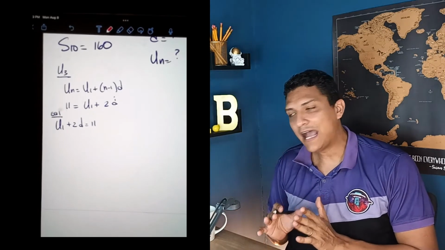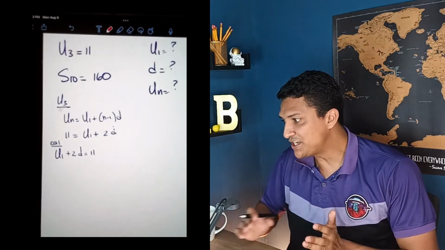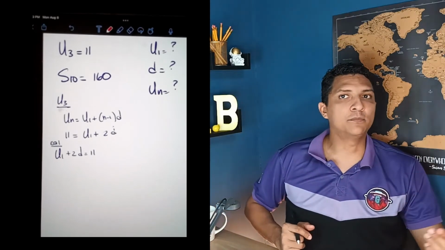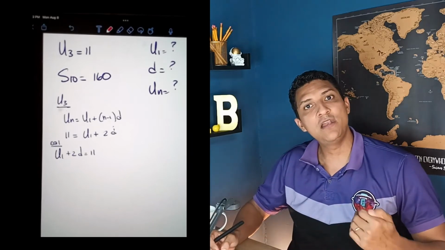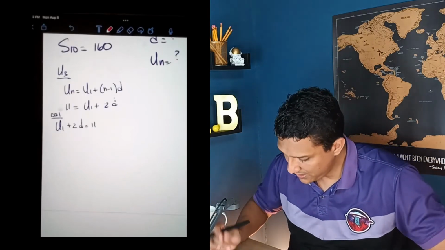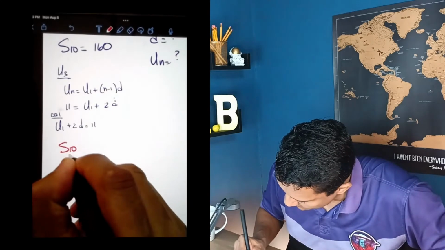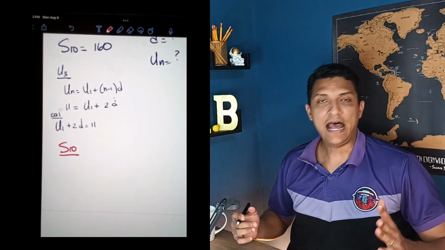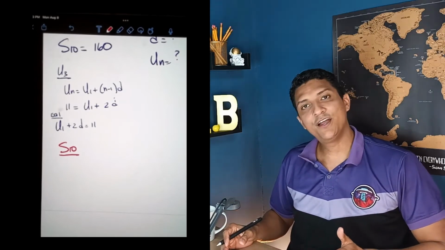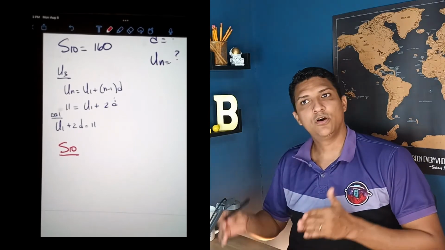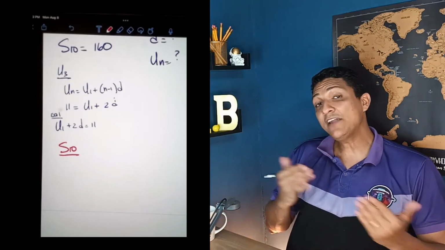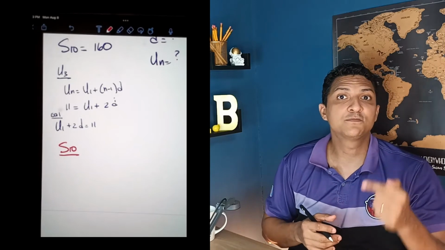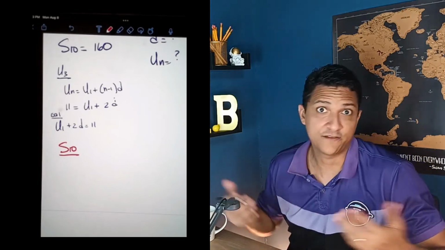Now I'm going to work with the other information that is given, which is the S10. Notice that because they are talking about the sum, I need to work with the formula of the series. Here I do not have the last term of that sequence, so I'm going to use the first formula of the series, or the first option.